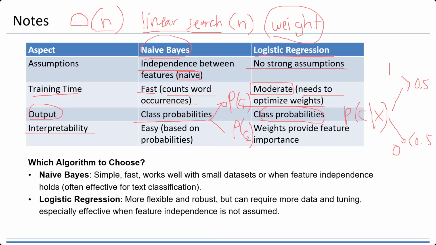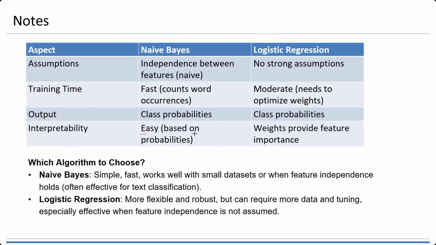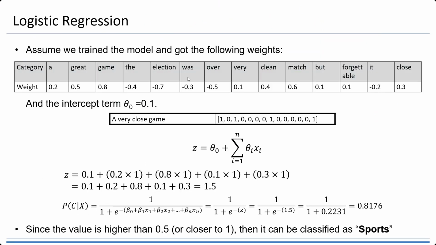So the interpretability is based on the probabilities. But for logistic regression, weights provide feature importance. Okay, so let's get back to this logistic regression. I ran this on a simple logistic regression in Python, and this is the result. Now, if you look at this 0.2, this is positive.